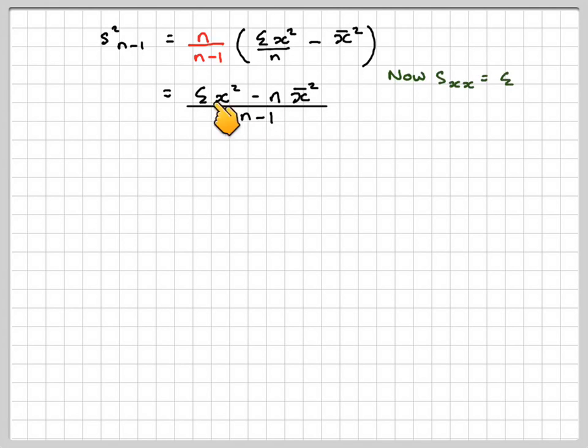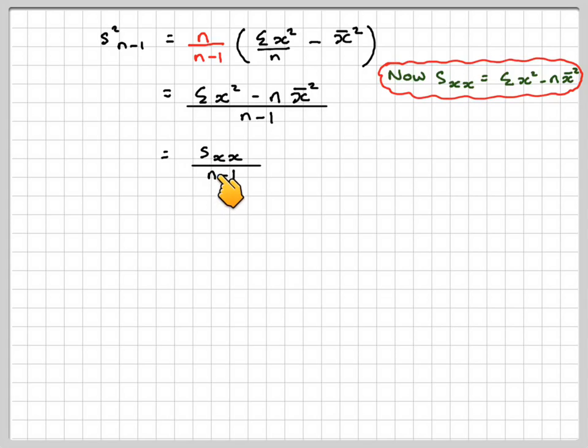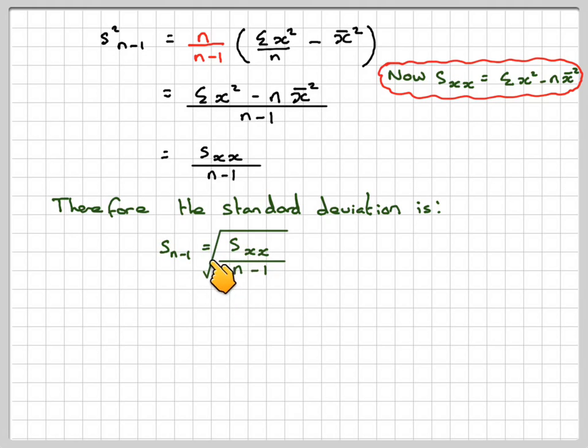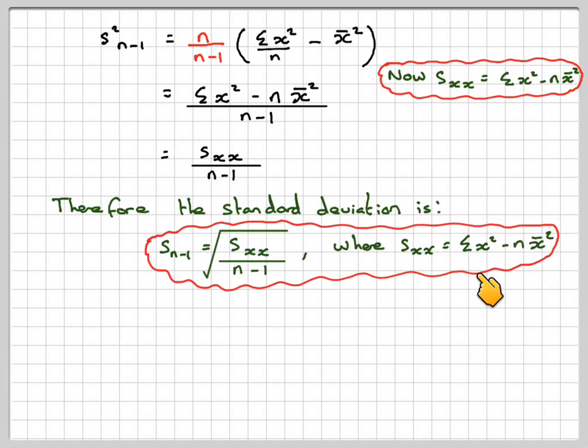Now this bit here is called Sxx. So this now becomes Sxx over n minus 1, and if we want the standard deviation, Sn minus 1, we take the square root of Sxx over n minus 1. This is what you will see in your textbook, where Sxx is sigma x squared minus n x bar squared.